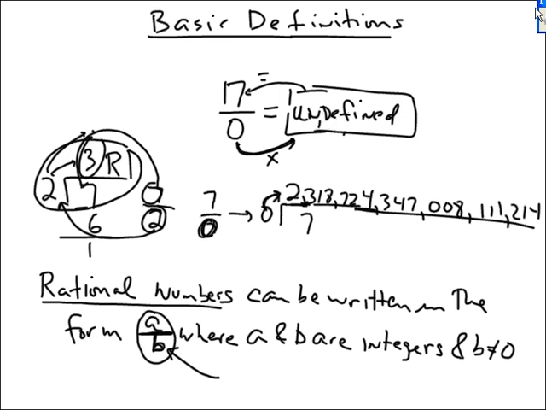So that's rational numbers. Now, some numbers cannot be written as the division of 2 integers. So it's not rational.